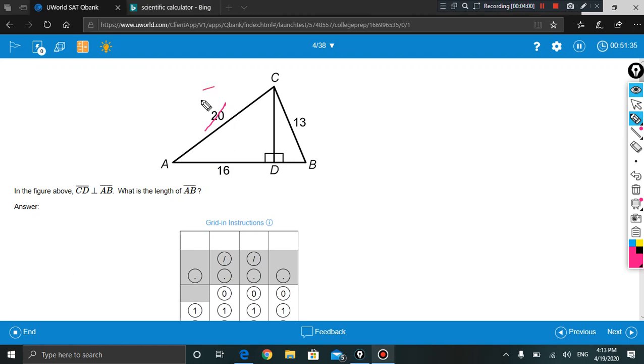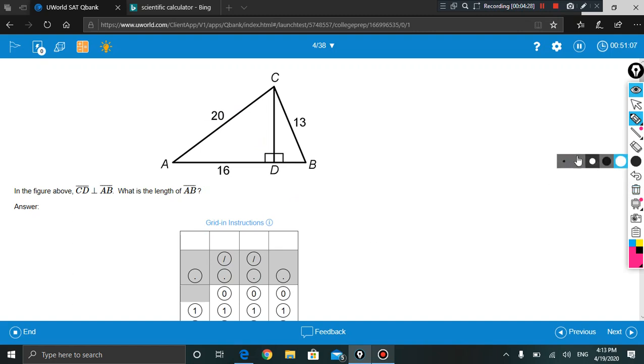That will be 5, and if we divide by 4, that will be 4. So that's a 3, 4, 5 triangle scaled by 4. So that should be 3, but of course we are multiplying everything by 4, so that should be 12. 3 times 4 is 12, so let's write 12 over here. And if this is 12, then this is 5. That's a 5, 12, 13 triangle. Okay, it's asking for the length of AB, which is 21. 16 plus 5.